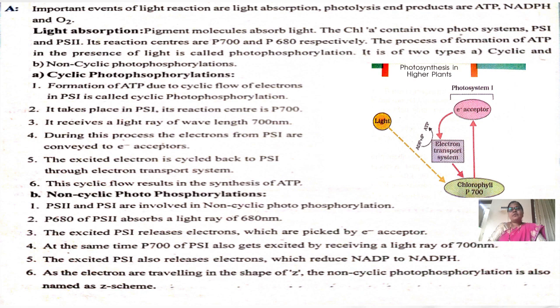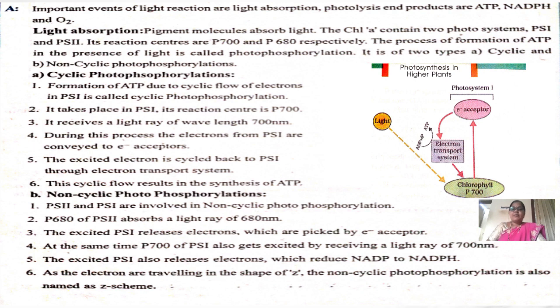The pigments make photosynthesis more efficient by absorbing different wavelengths of light. And in these complexes, a special chlorophyll a is present that we call the reaction center.